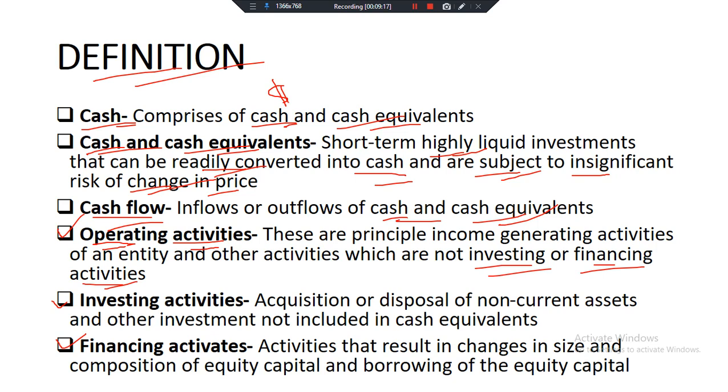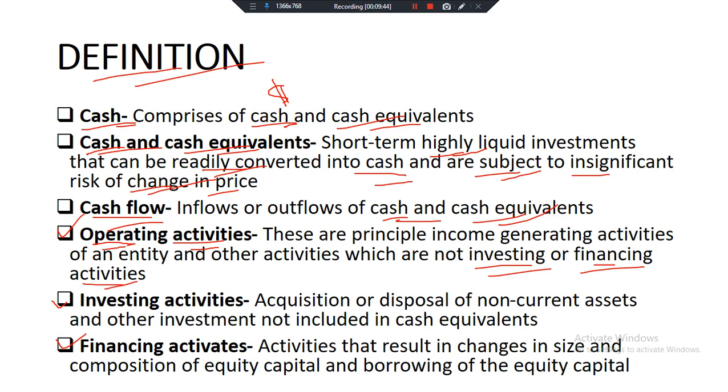For example, you've got a shop and you sell mini meal. Mini meal is your primary inventory. The money that comes in from selling inventory is part of operating activities.